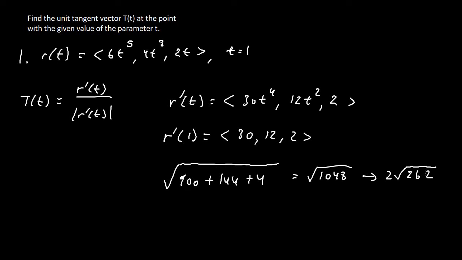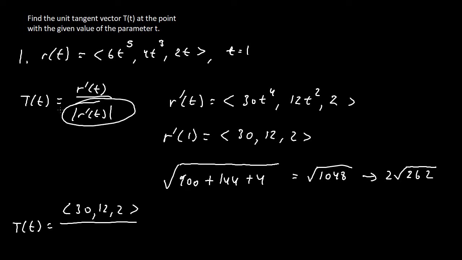Now let's plug it into the formula of the unit tangent vector. The unit tangent vector is going to be equal to the vector r prime at the given t value of 1, which we found to be 30, 12, and 2 in component form, divided by the magnitude of r prime of 1, which we found to be 2 times the square root of 262.